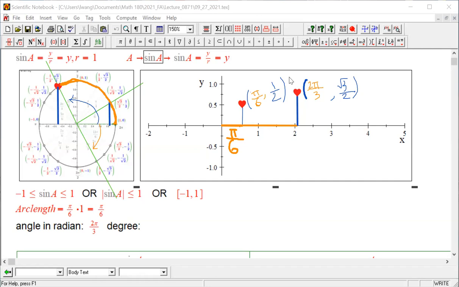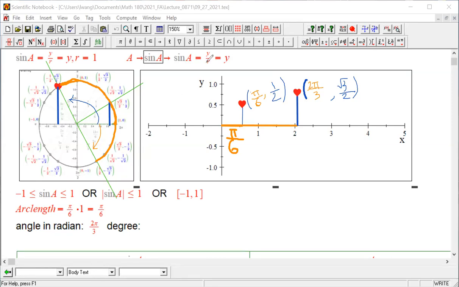And the arc length is also going to be measured from the same place, clockwise. This is negative pi over 3, because it's measured clockwise, so it's going to be on the negative side.